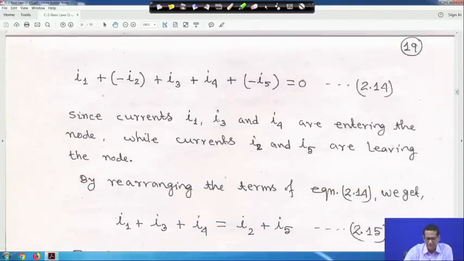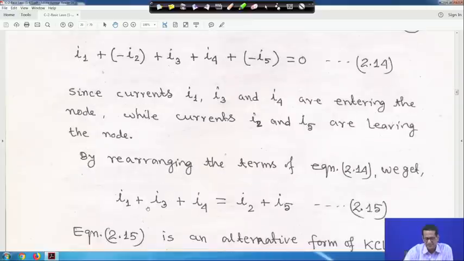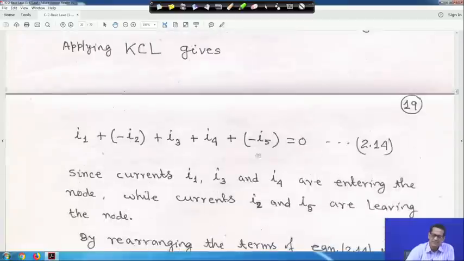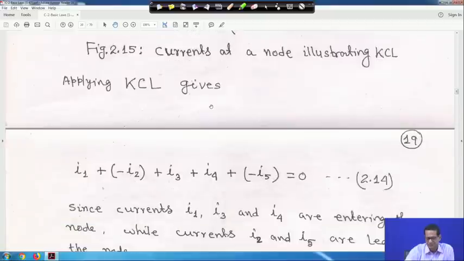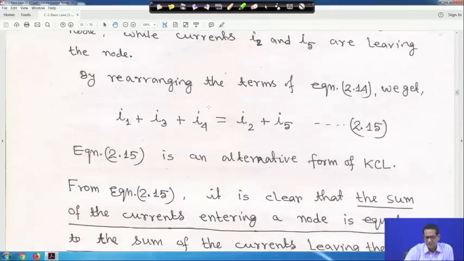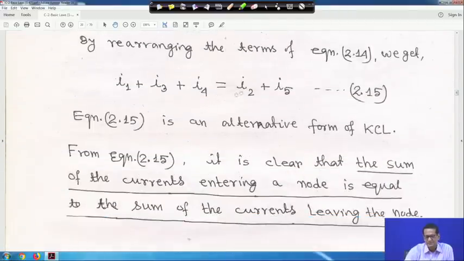In another way, if you rearrange this, incoming current I1 plus I3 plus I4 is equal to outgoing current I2 plus I5. This is equation 5. That means at any node the sum of the incoming currents is equal to the sum of the outgoing currents; that is KCL. This is an alternative form, the same thing, but it is the easiest one. It is clear that the sum of the currents entering a node is equal to the sum of the currents leaving the node.